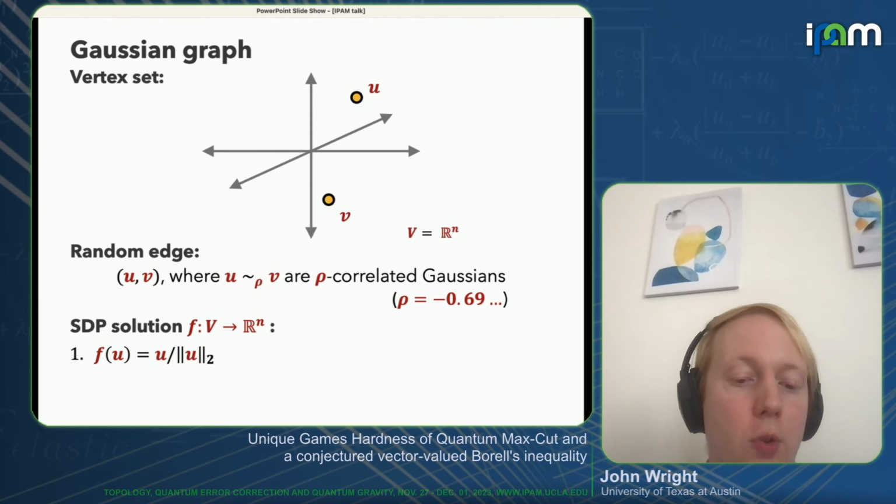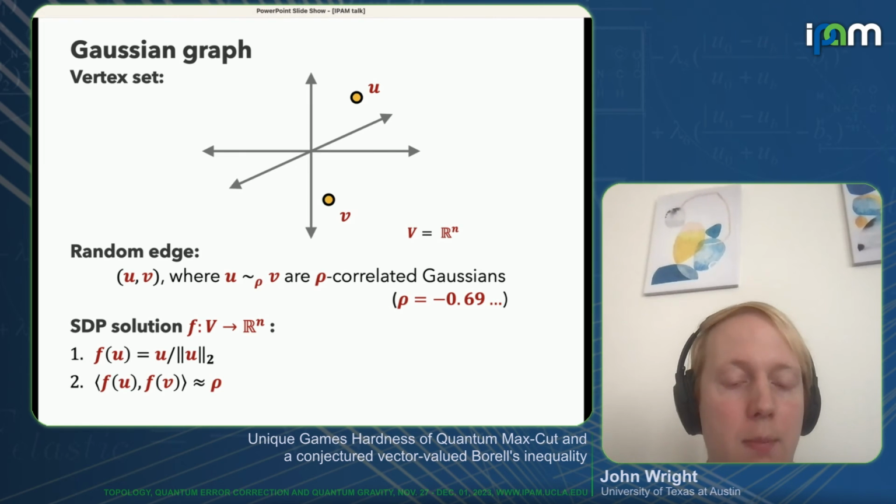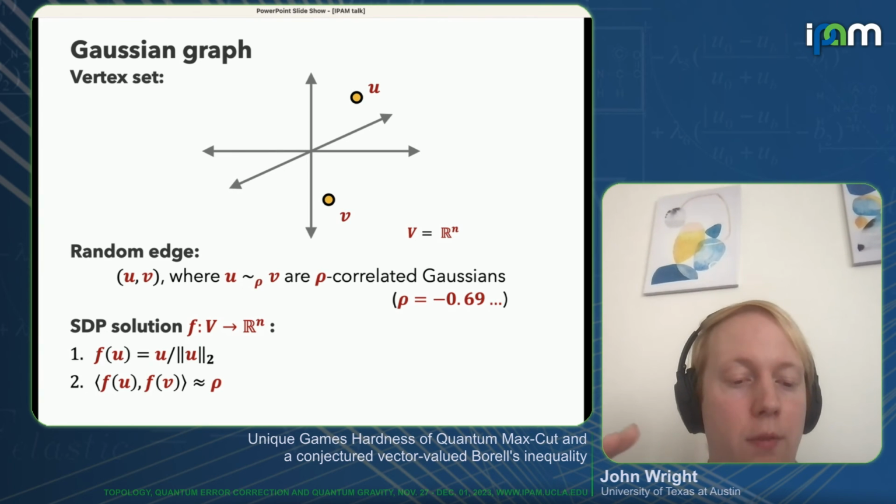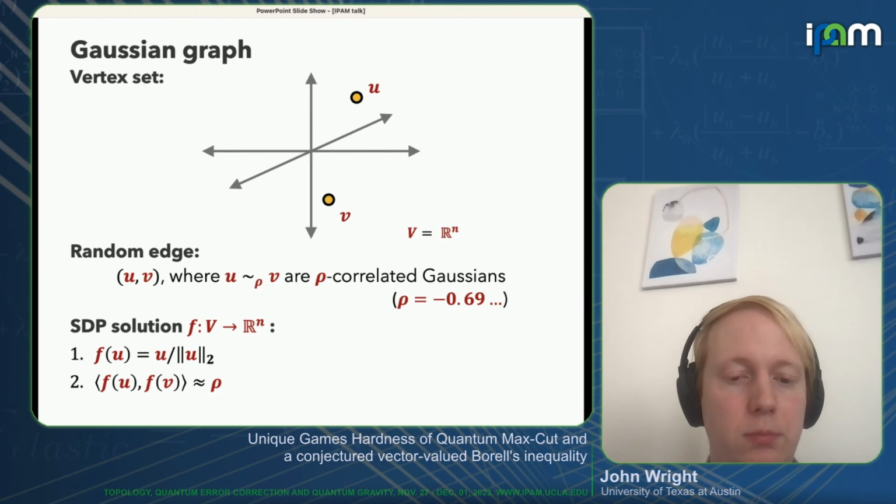And it turns out that if you do this, then for most edges in the graph, U and V, because U and V are rho-correlated, the inner product of these two vectors, f(U) and f(V), is going to be roughly equal to this rho, which is this bad angle.